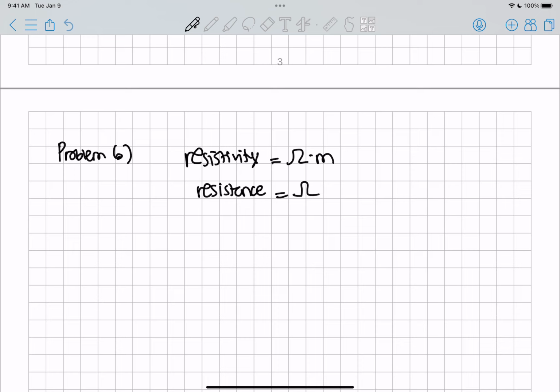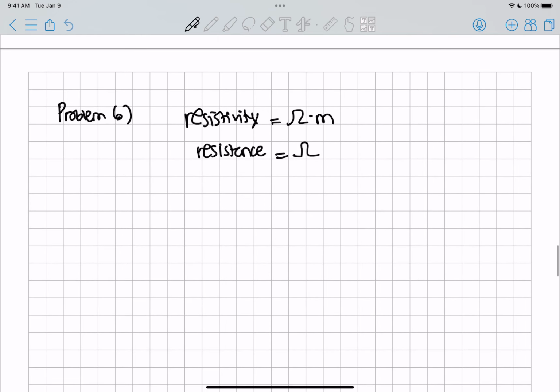This is very informal. I'm just trying to help you better understand, because they both start with R and have the same root, resist, so it might get confusing. Hopefully that clears it up. But now they're saying a resistor with a square cross section of 2 millimeters by 2 millimeters and a length of 50 millimeters is made from the material.